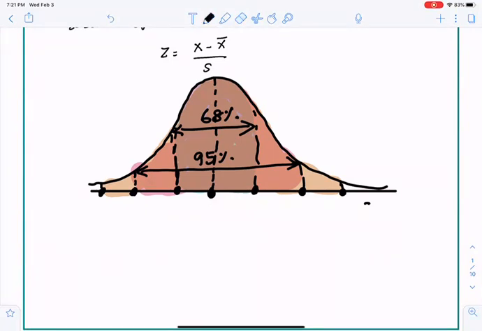And we know that's the mean, one standard deviation away from the mean, two standard deviations away, three standard deviations away on the right-hand side, and one, two, and three standard deviations away on the left-hand side.